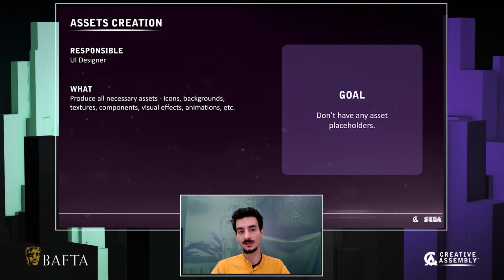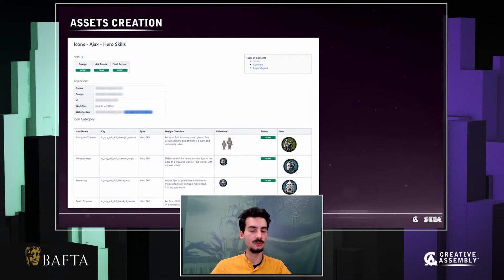If we create stuff like icons that are supposed to represent, for example, skills or buildings, or that have a particular game mechanic behind them, or they influence the gameplay in a certain way, game designers will usually provide us with an assets brief, which is a very, very simple brief based on a template we have in Confluence, where they're going to list all of the assets that they need, what their type is, and a little bit of a design direction explanation.